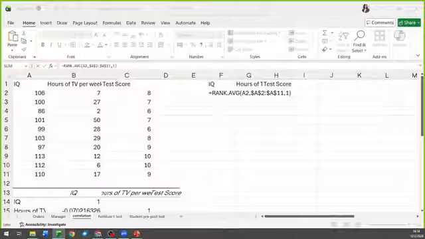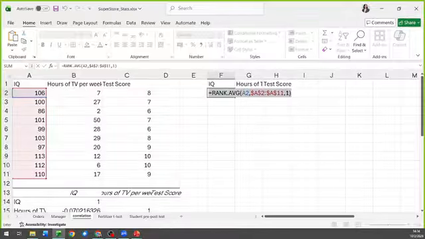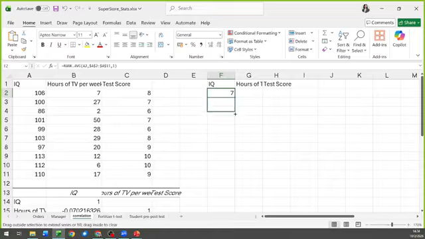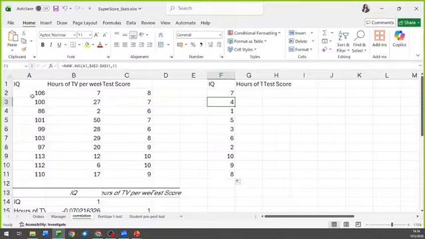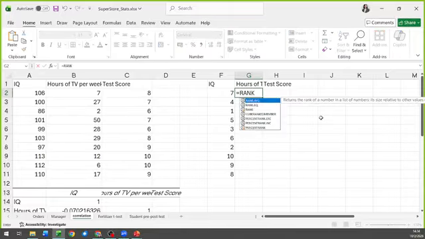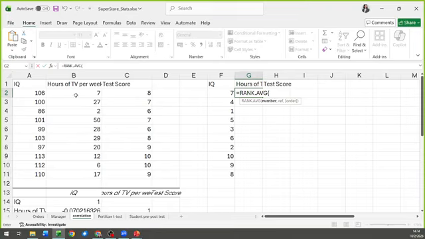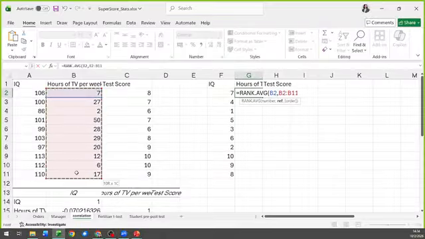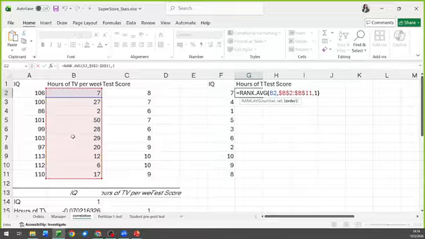Then just copy and apply to all. So 100 means rank 4, and 86 is rank 1. Do the same with the other two variables. So RANK.AVG, B2 to B11, and then 1.